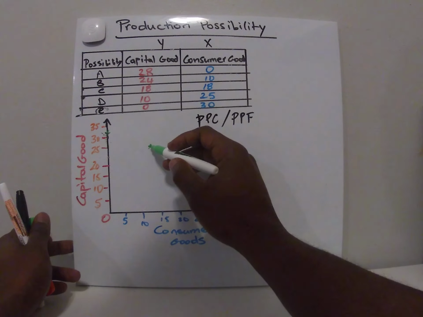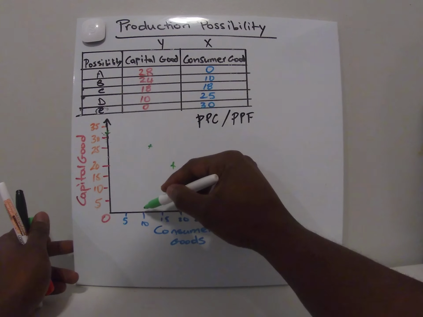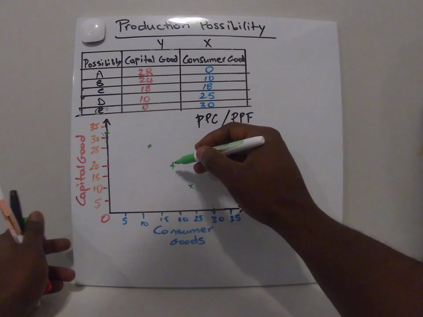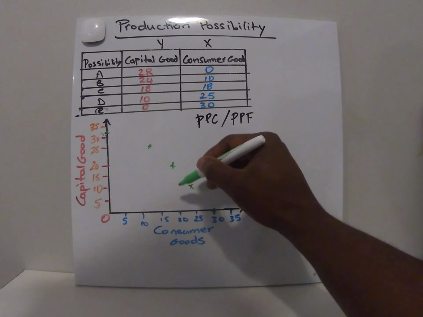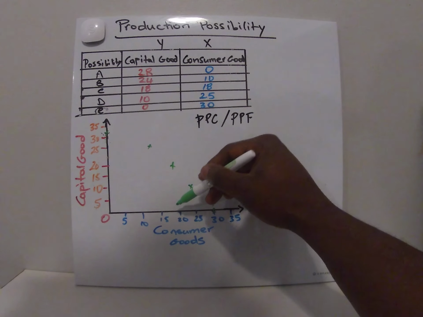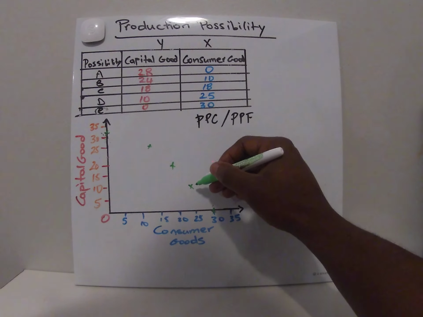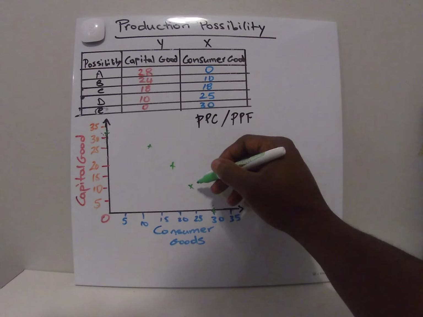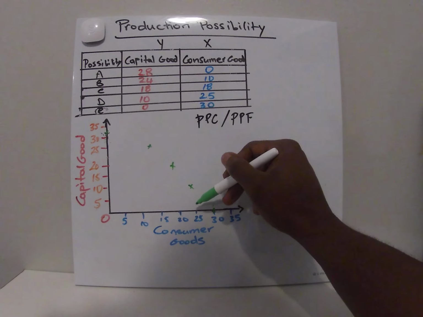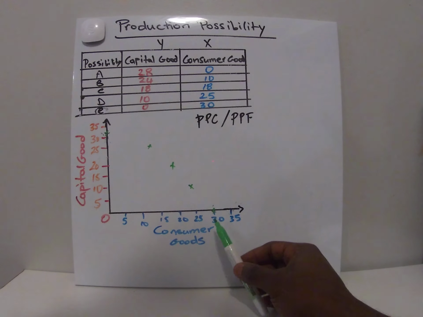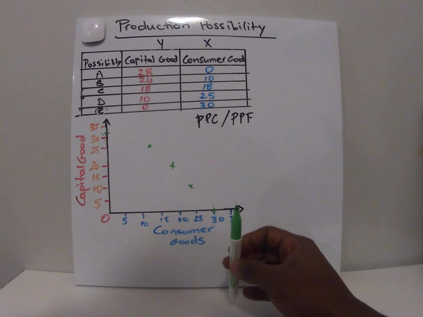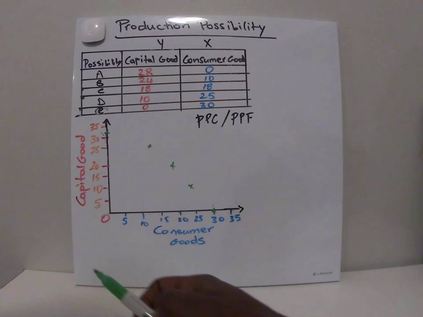When we have 24 capital goods, we have 10 consumer goods. That's a combination, or the trade-off. If we produce only 18 capital goods, we'll also be able to produce 18 consumer goods. Where we produce 10 capital goods, we'll be able to produce 25 consumer goods. And when we max out and produce only 30 consumer goods, we'll have 0 capital goods.